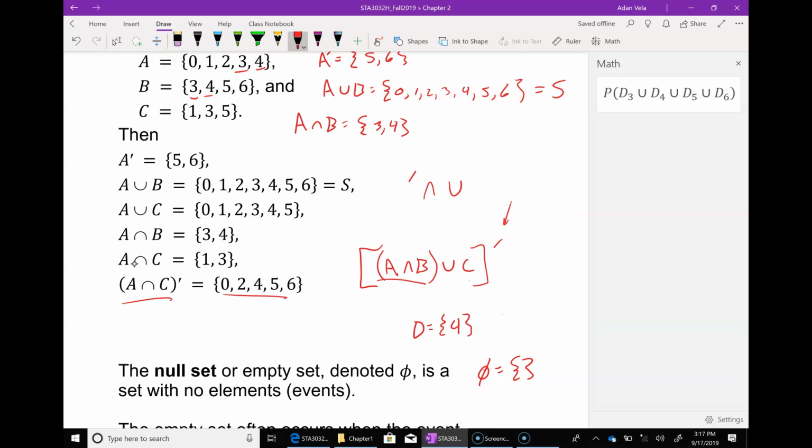And then I asked, what is C intersection with D? In this case, C has the values 1, 3, 5, which are odd numbers. And if I try to intersect it with 4, they have nothing in common. So the return is just the null set or the empty set.